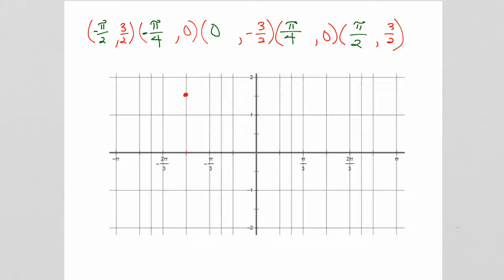So there's that. Then we got negative pi over 4, 0. 0, negative 1 1/2. Pi over 4, 0. And pi over 2, 1 1/2. So there we have one period of our function.